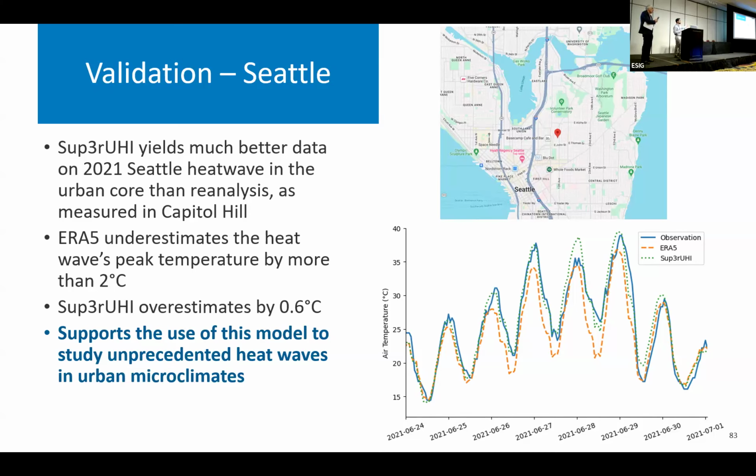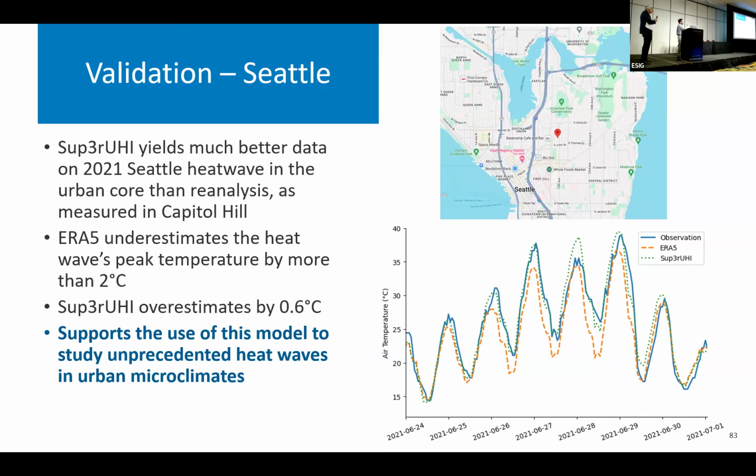So if you wanted to go study this event and study mortality effects, cooling effects, stuff like that, you would be under-predicting the effect of this heat wave if you were to use the ERA data. That's what we're saying here. In contrast, the super-resolved UHI data matches it pretty well. You can see the nighttime temperatures are matched almost exactly.